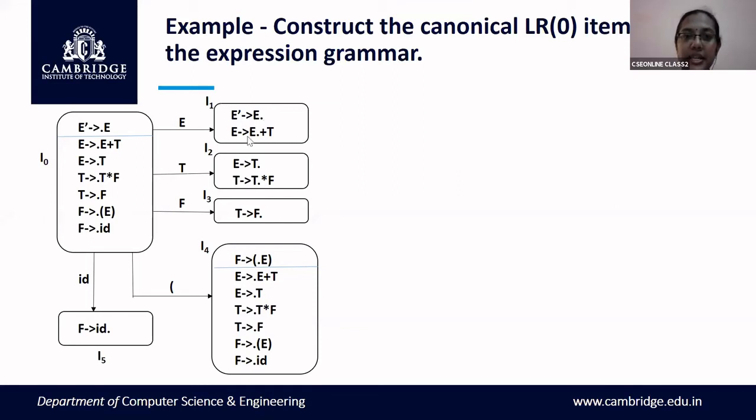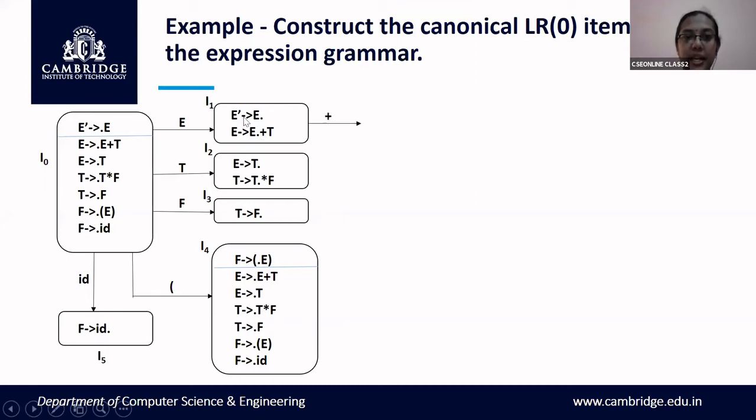Now consider the second production rule. Is dot present on the rightmost side? Is it present after T? No, right? So you have to keep on moving the dot one position towards the right till it reaches the end. That is called parsing. Now we'll start with the set I1 and make a go to the next state. Okay.